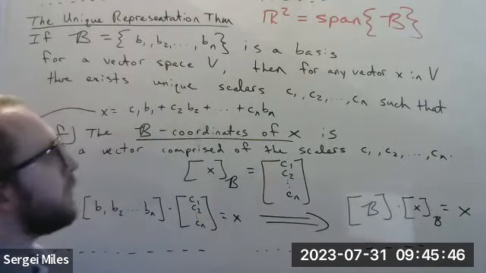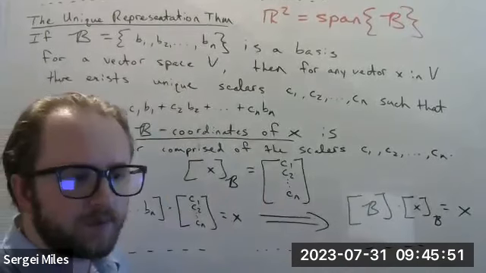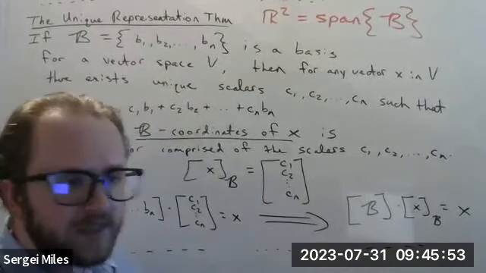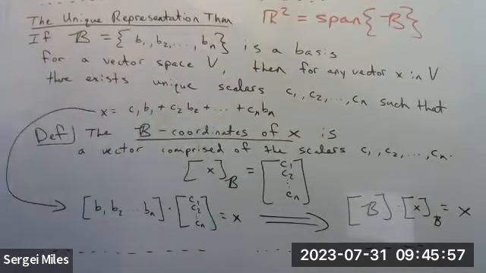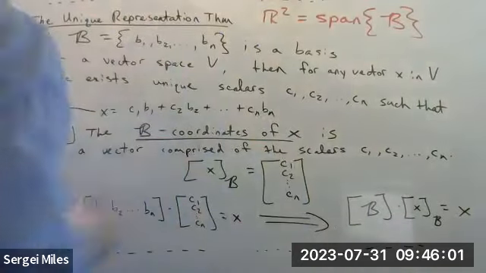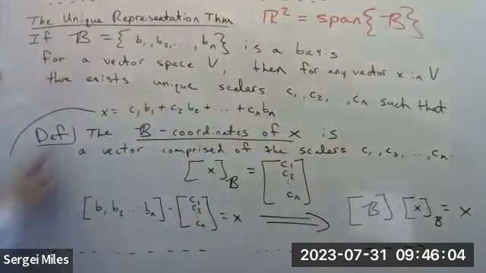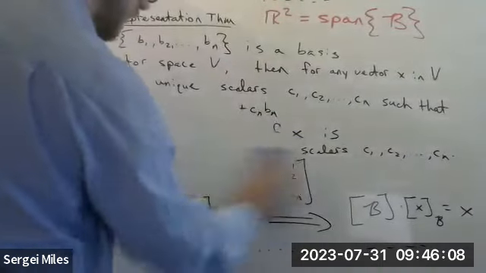Now, sometimes, depending on what your basis is, this is an easy, trivial problem. So, for example, I'm going to leave this stuff at the bottom, but I'm going to erase what we have up top, since the bottom is going to give us the idea for what we're actually trying to solve here.